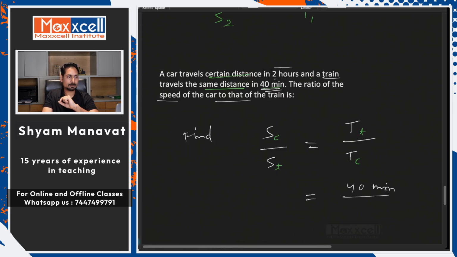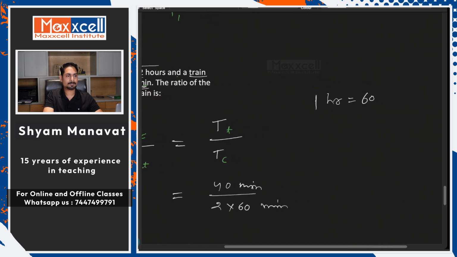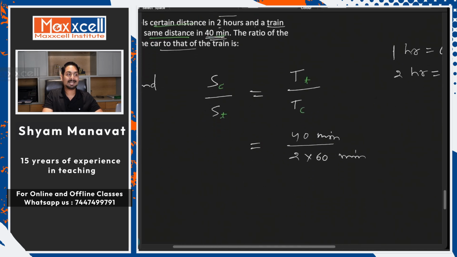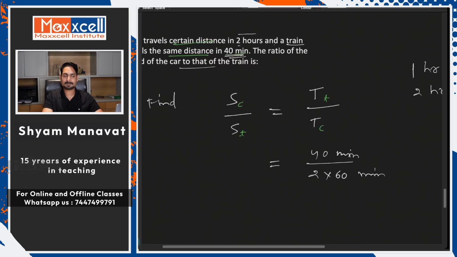So here I got 2 hours, multiply by 60 to convert hours into minutes. 2 hours has 2 into 60 minutes, since 1 hour equals 60 minutes. Remember this. If it is not clear, you should make this clear now. Because we have to have the same units, I converted the 2 hours into minutes.